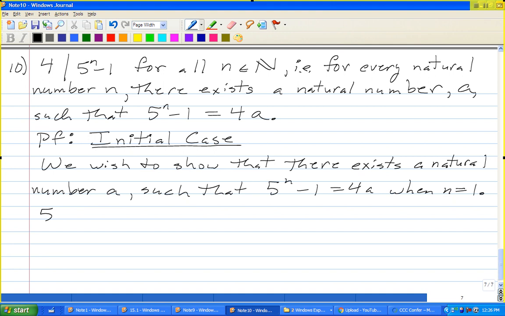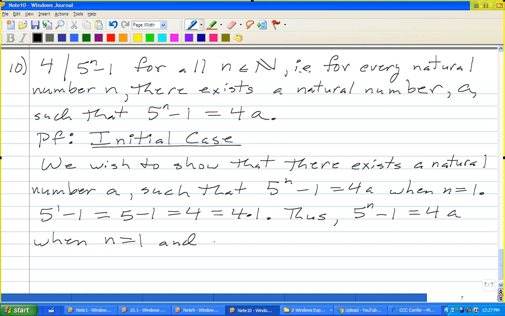So let's do that. 5 to the 1 minus 1 is 5 minus 1, which is 4. And 4 is equal to 4 times 1. Thus, 5^n minus 1 is equal to 4a when n is equal to 1 and a is equal to 1.